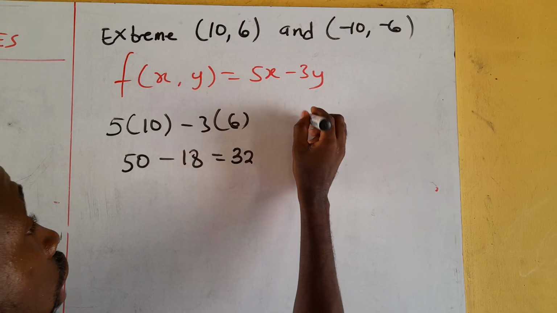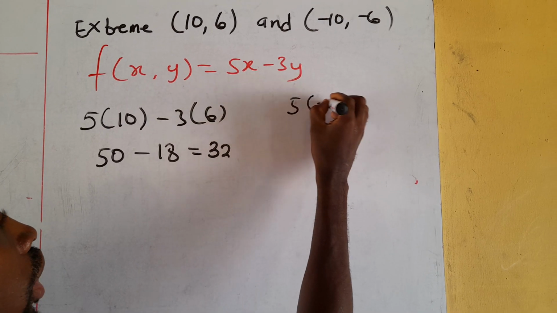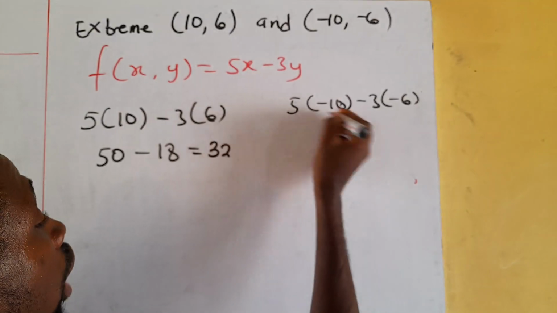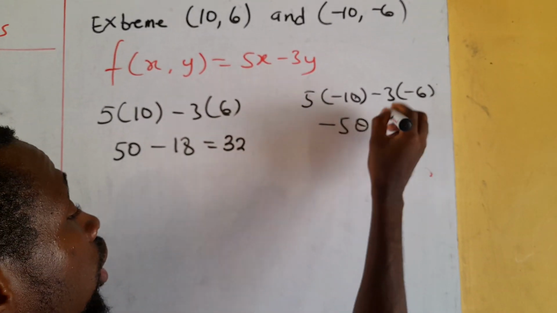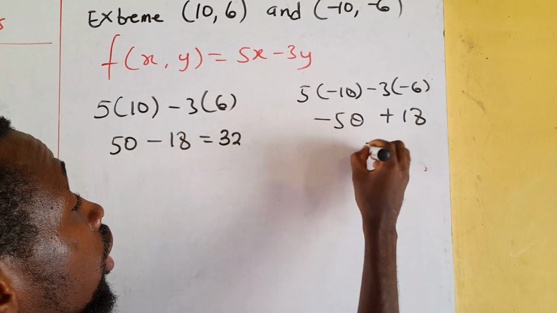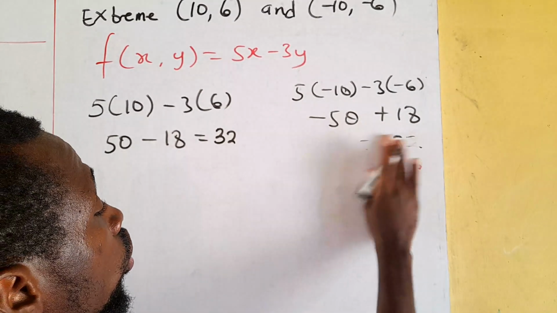Then also when we substitute the negatives, we have 5 times negative 10 minus 3 times negative 6. 5 times negative 10 will be negative 50. Negative 3 times negative 6, that will be plus 18. This will give us negative 32.